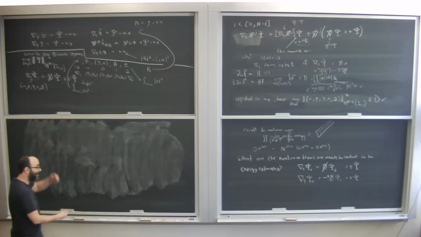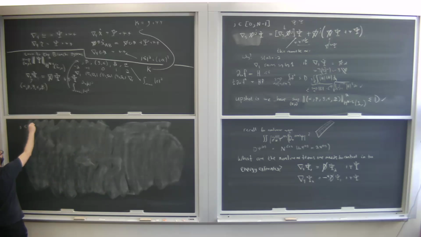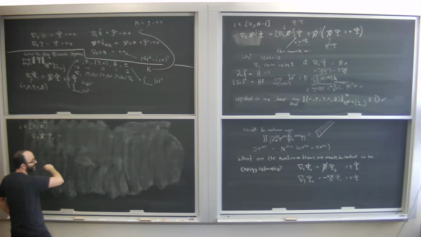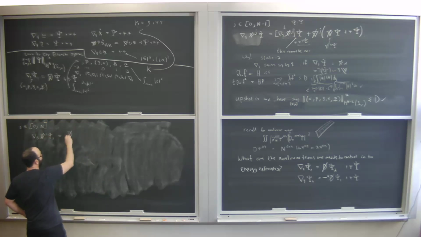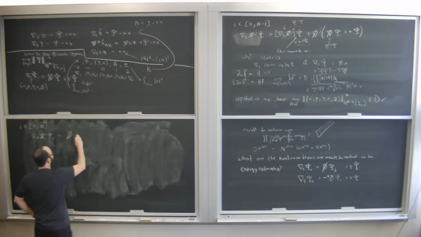Of course we have to commute, so now we let J go all the way up to N. Again, I'm not going to say much about the terms from the commutator, but I don't want to just straight up pretend they're not there.